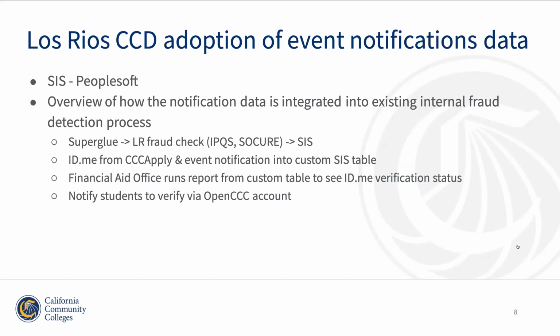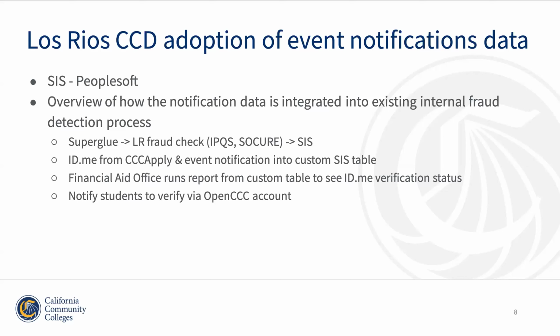So what we did is create another custom table, called the ID.me custom table, prior to DMV being rolled out. We're using that to capture the latest ID.me status for our users. Then we can provide our financial aid offices a tool, mainly a query tool, to run potential financial aid students through that local table to validate their identification requirement.